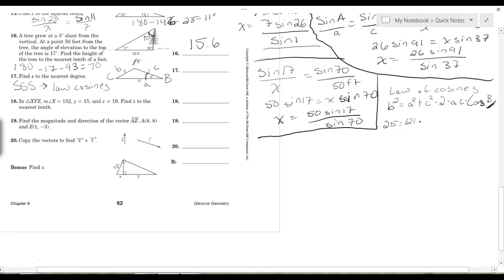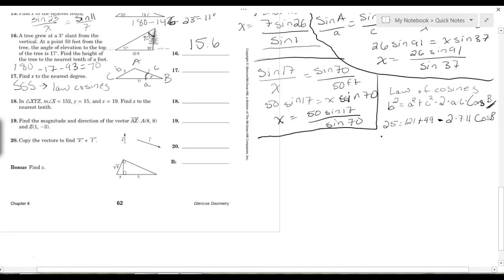Little c is equal to, I'm sorry, little c is equal to 7. So 7 squared is 49. So that means plus 49, minus 2 times 7 times 11 times the cosine of b.